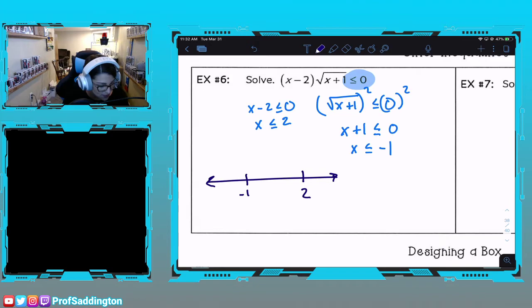So if I pick something smaller than negative 1, I actually get undefined. We got that radical there. I'm not dealing with imaginary numbers. Between negative 1 and 2, I could pick like 0 if I wanted to. That's going to give me a negative number. And then if I pick something greater than 2, like 5, that's going to give me a positive number.